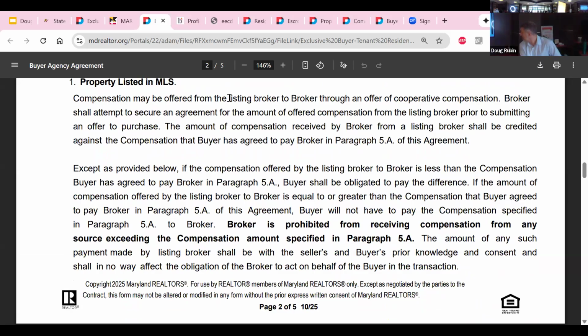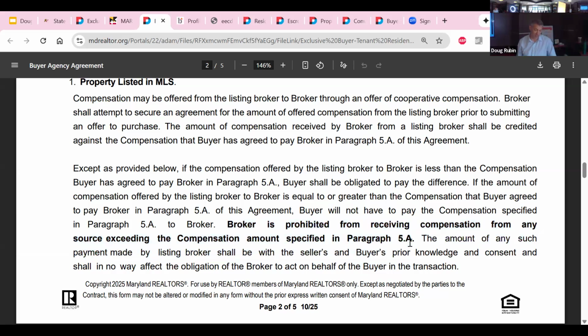compensation may be offered from the listing broker. Oh, wouldn't that be great? Buyer shall attempt to secure an agreement for the amount of offered compensation from the listing broker prior to submitting an offer. The amount of compensation received shall be credited against whatever the compensation you set forward. And here's the fun part.